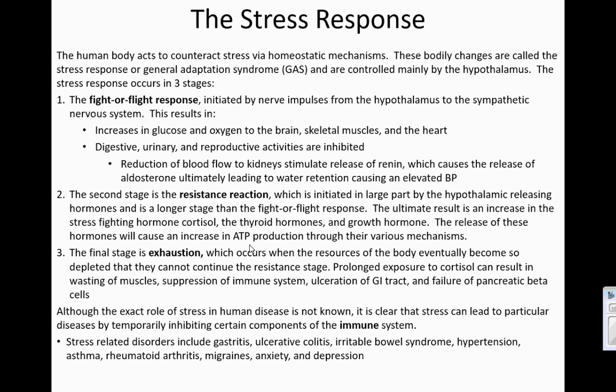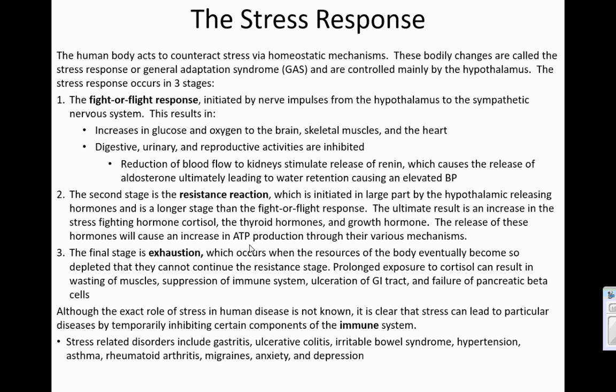Now, just like your car, eventually you can run out of energy or gas. Hopefully, you don't, because this is the stage where you can be at risk for getting sick. And that's the exhaustion phase. It occurs when the resources of the body become so depleted that they cannot continue the resistance stage.